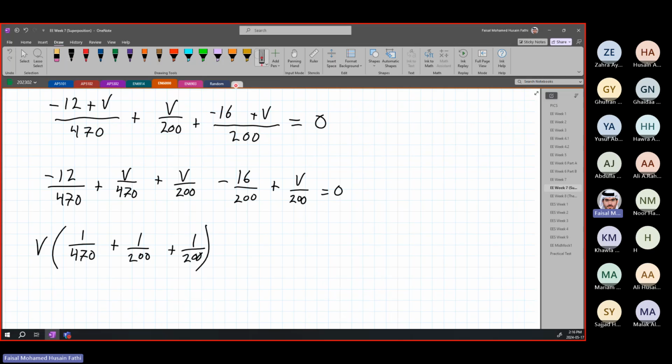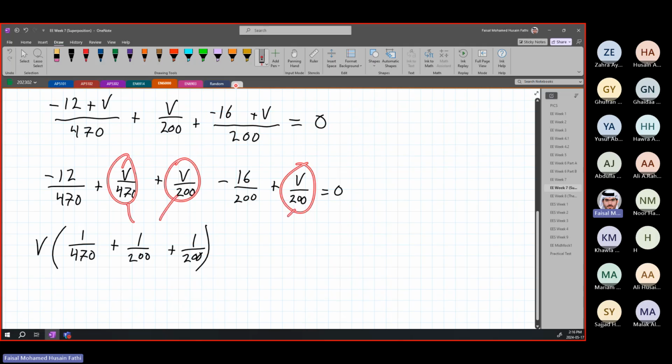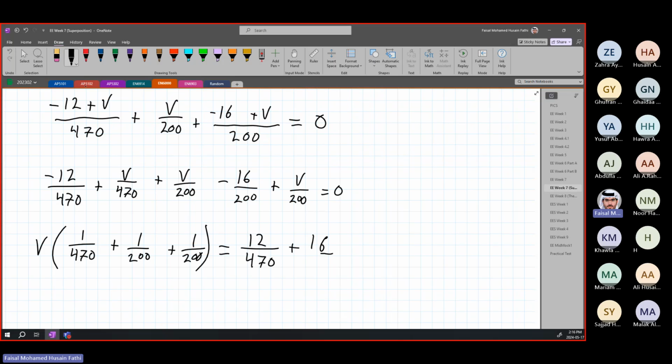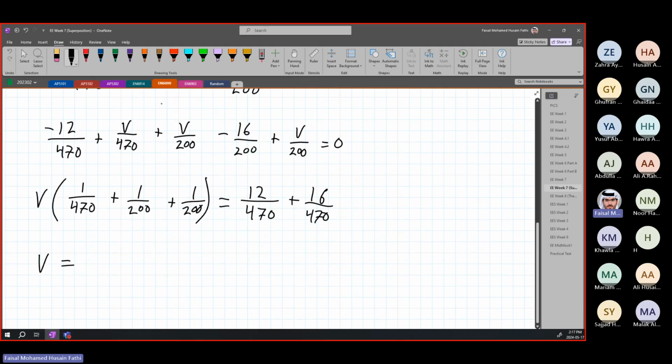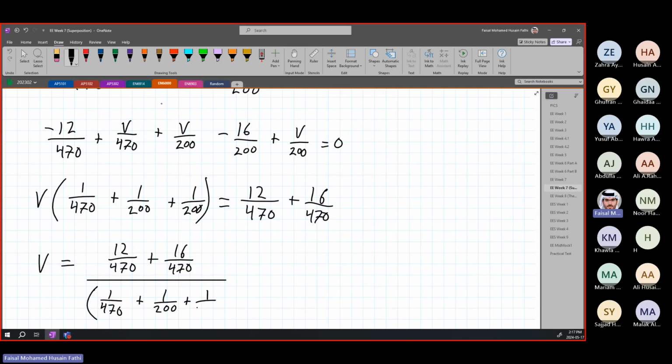Simply, I put all the V values together, took V as a common factor, and put the 1 over 470, 200, and 200 in brackets. We take the constants to the other side, equal to 12 over 470 plus 16 over 200. Then V is equal to 12 over 470 plus 16 over 470, all divided by 1 over 470 plus 1 over 200 plus 1 over 200.